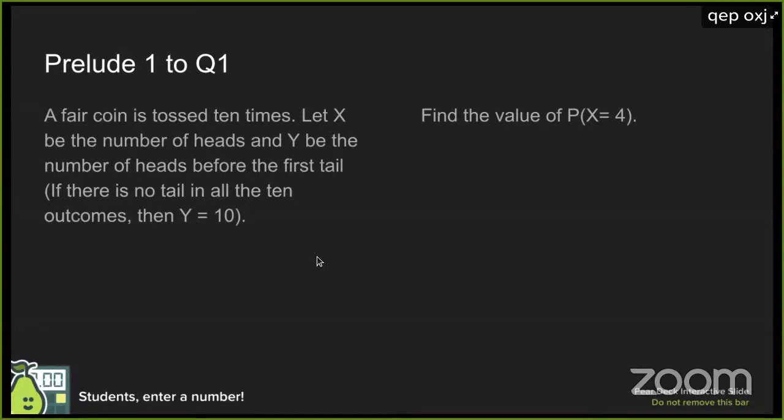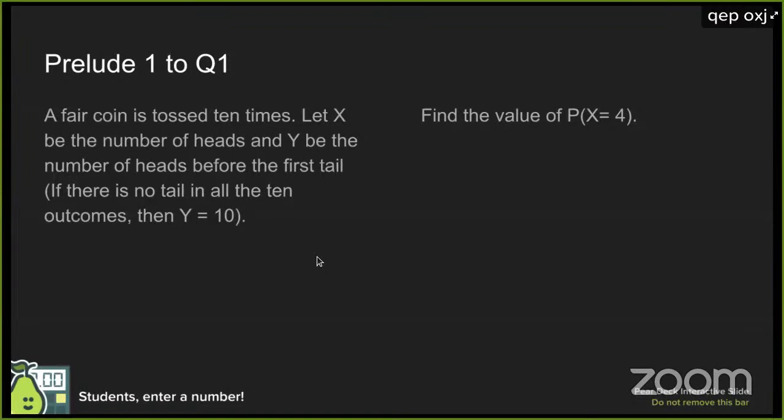Anybody? It's three, sir. Yeah, 3, right? So y will take 3. If it is H H T, then y equals 3. Suppose I say y equals 2. That means what is the condition? H T. Right. Understand, right?